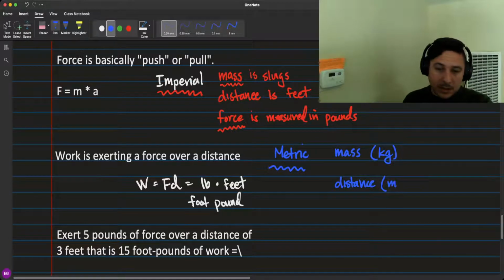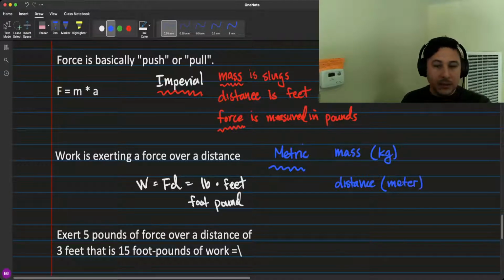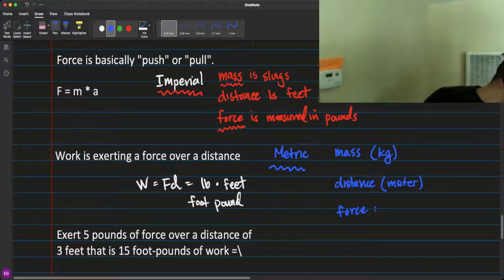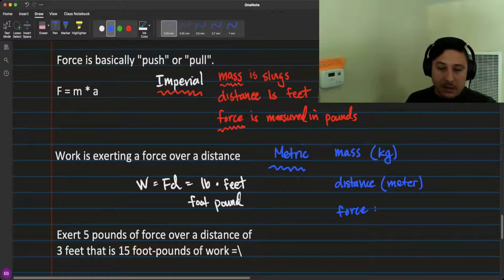Meters. Let's actually write meters. So what do you measure force in? Does anyone know the measurement of force? Newtons, yes.